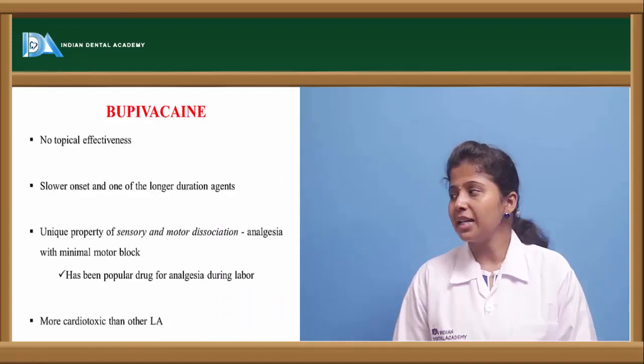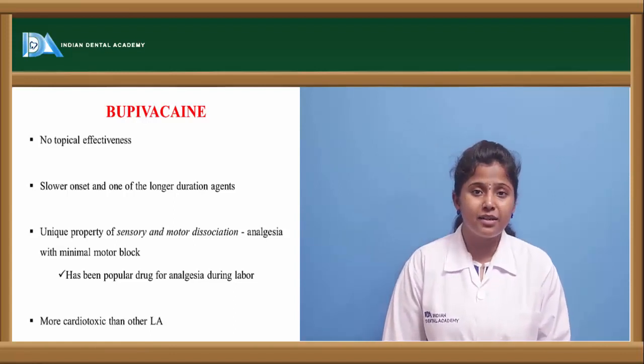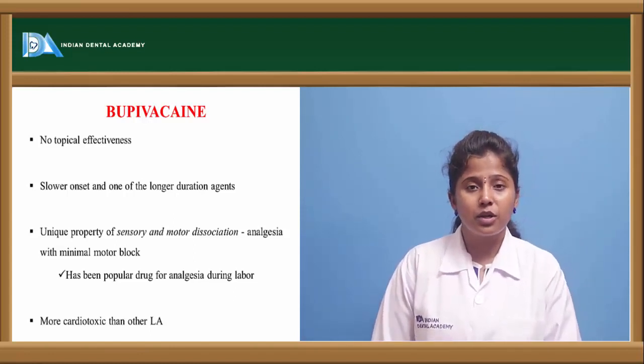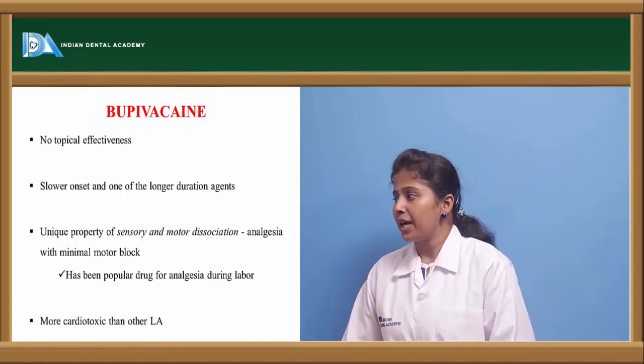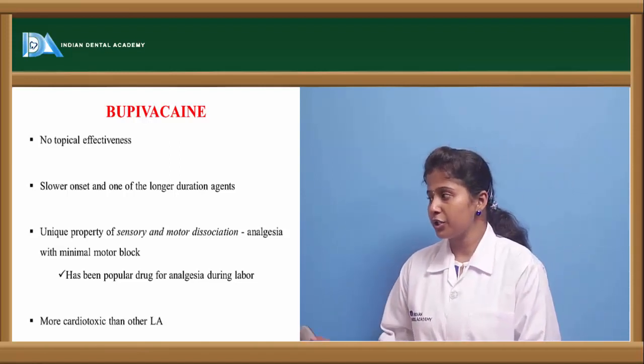The other drug is bupivacaine. Bupivacaine can be administered by injection because it is not that effective when administered topically. That is the reason it is preferable to give it through the IV route, and it has a slower onset of action but a longer duration of action.